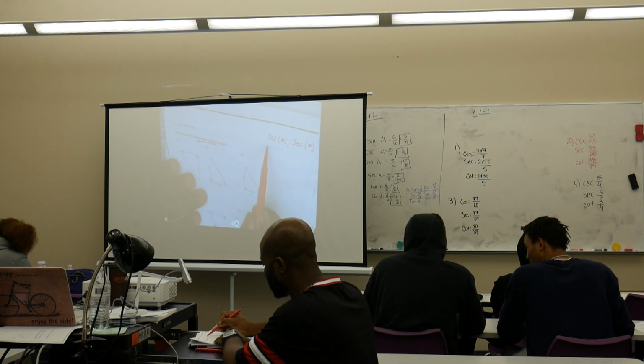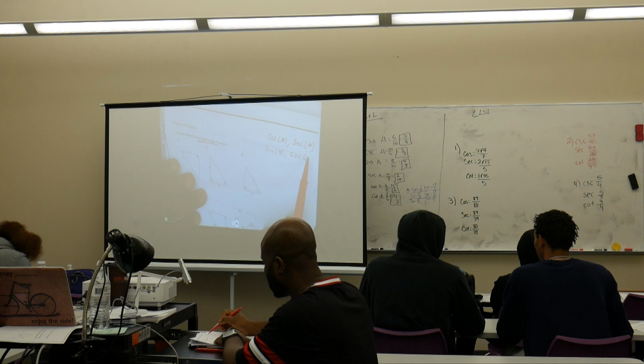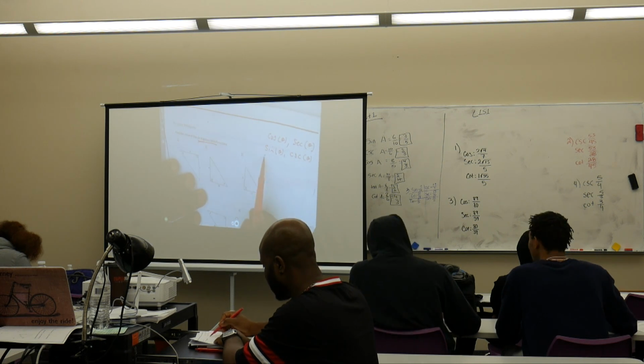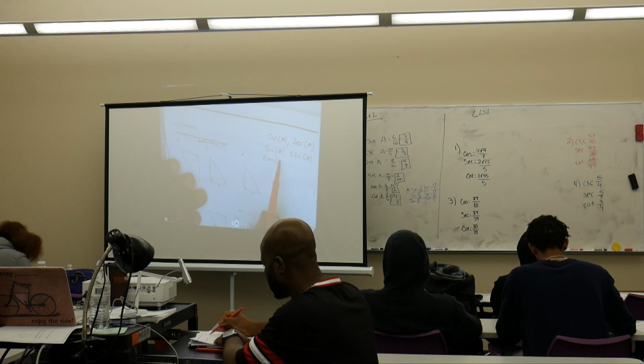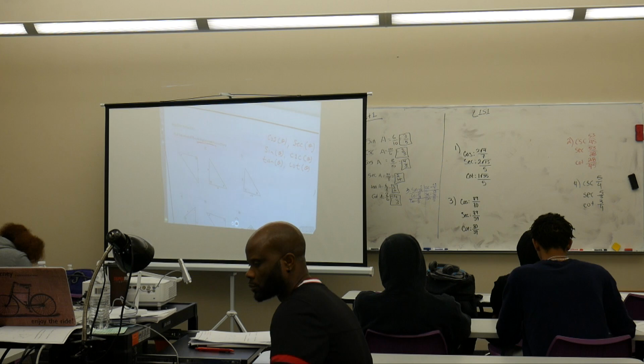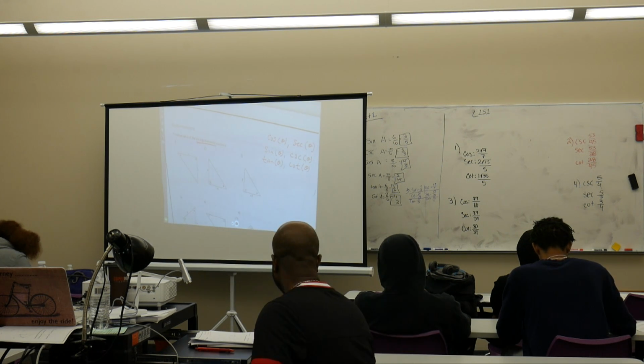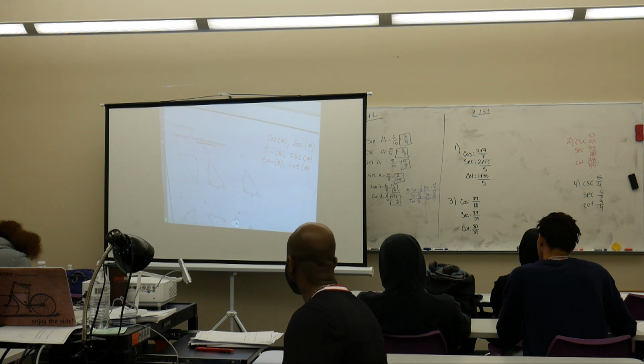And we're looking for the sine, and when we flip the sine, we get cosecant. And we're looking for the tangent, so that when we flip the tangent, we get cotangent. Those are the 6. So if I ask you a question on the test to find all 6, those are the 6 I'm talking about.